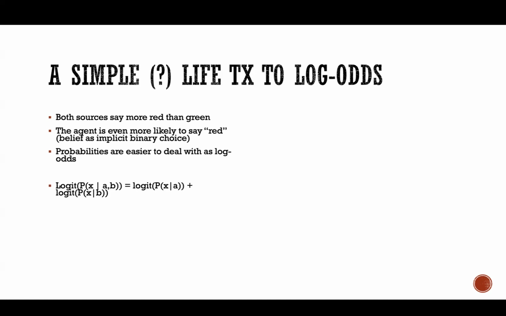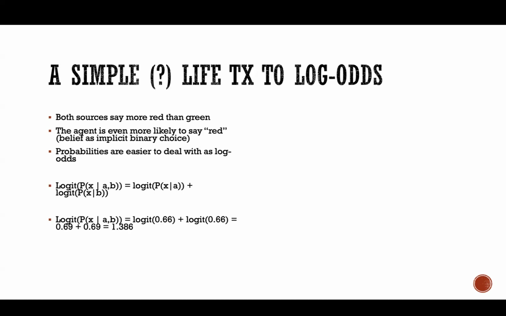So what we can say is that the logit of the posterior, in terms of log odds, is equal to the log odds of the prior plus the log odds of the likelihood. Or the log odds of our agent's belief in the next marble being red is equal to the log odds of the evidence from source 1 plus the log odds of the evidence from source 2.